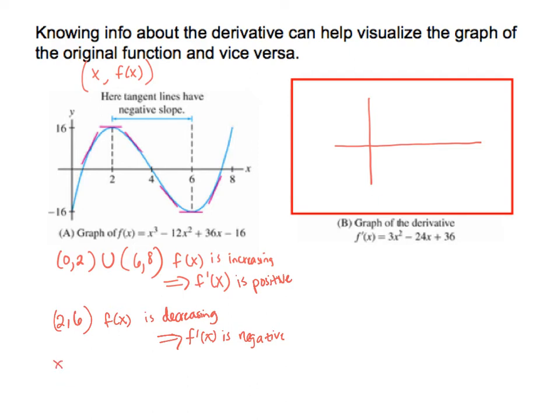X equals 2 and 6 are both maxes or mins, turning points. There, the tangent lines are horizontal, and therefore the derivative is 0.